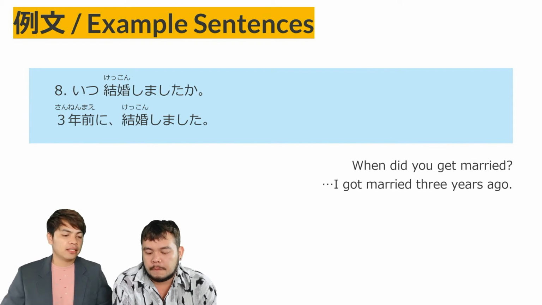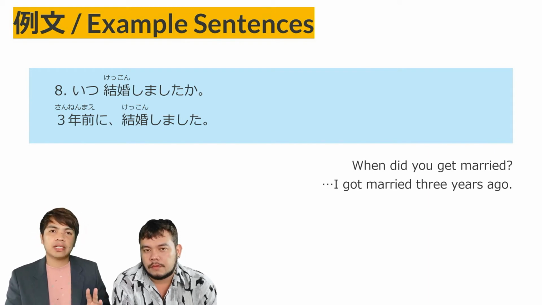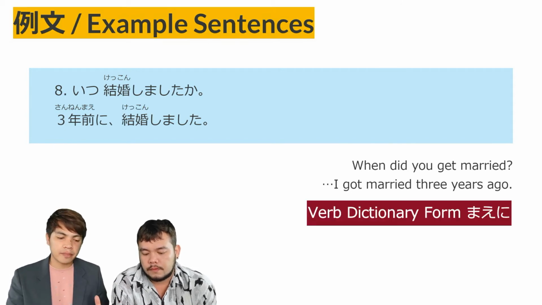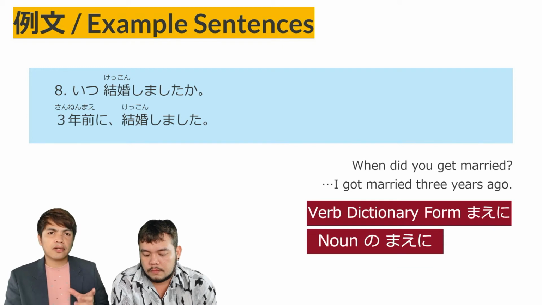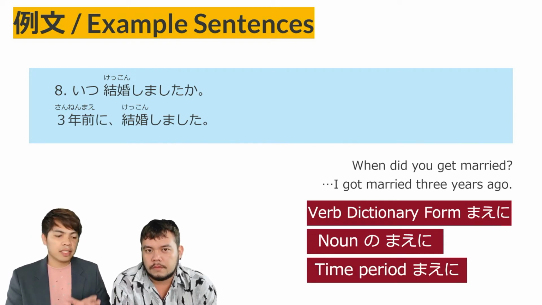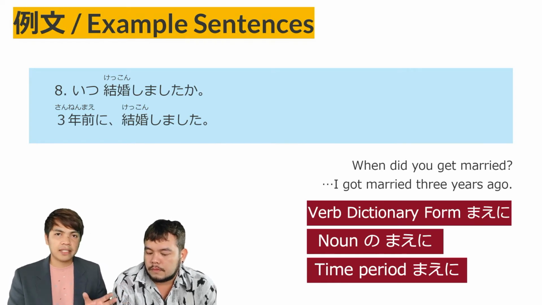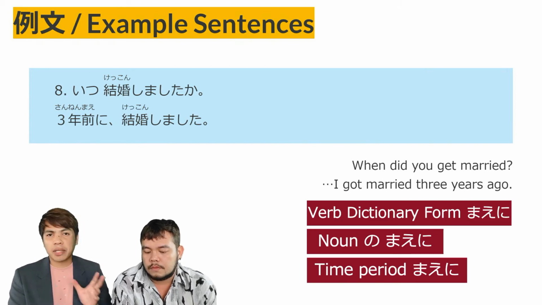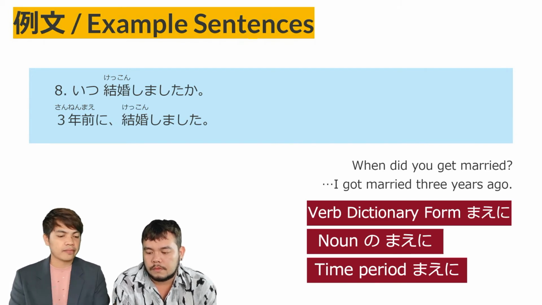So with these example sentences, we've learned the 3 ways to use mae ni. First is verb dictionary form mae ni. The second is noun no mae ni. The third is time or time duration mae ni. So for example, 3年前に, 3 years ago. You can also use 1時間前に, 1 hour ago.